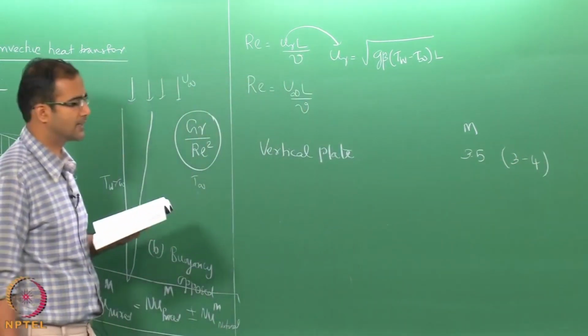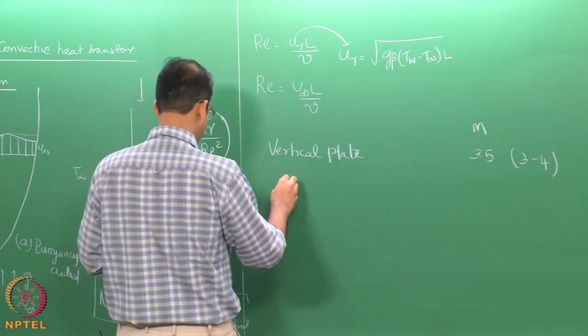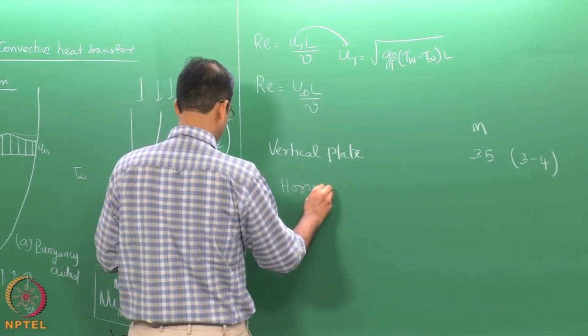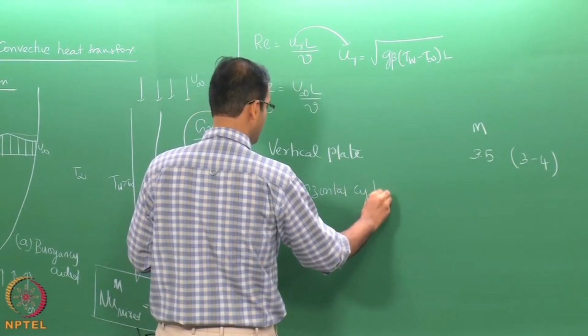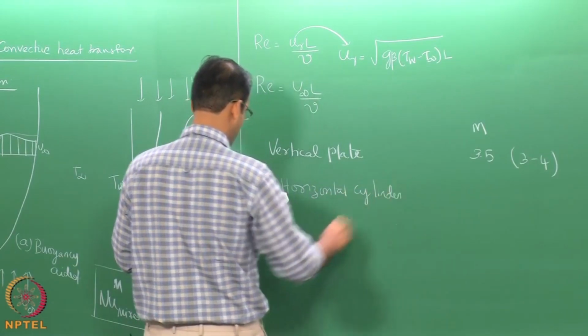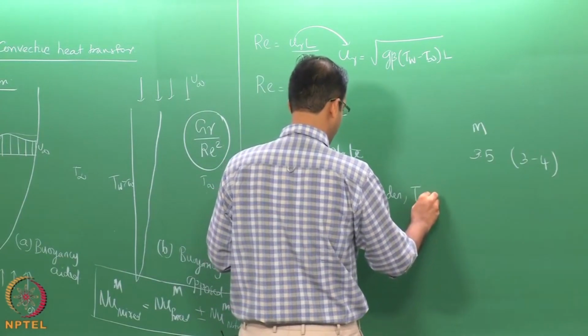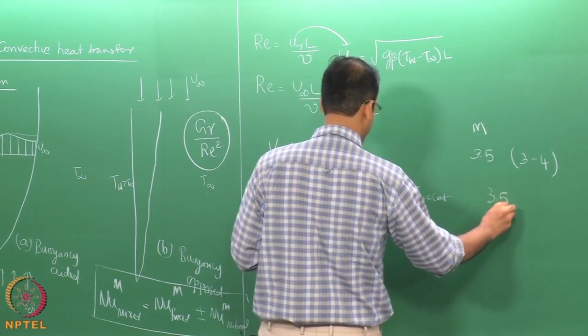Okay. So, this value is generally taken to be 3.5, and if you have, for example, a horizontal cylinder, also this value, depending on the boundary condition, if it is a constant wall temperature, is again taken to be 3.5.